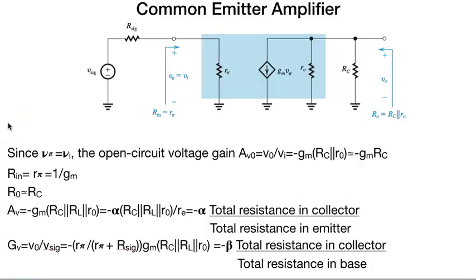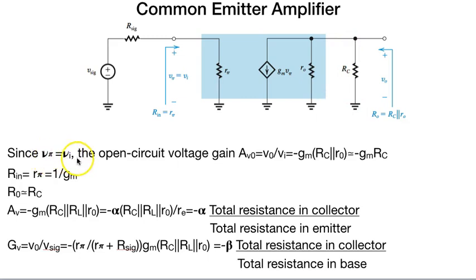Now let's look at the common emitter amplifier. In this diagram, the BJT is represented in a small signal manner, with R pi, GM V pi, the voltage across the input resistance, and R0 in parallel, and RC is there.